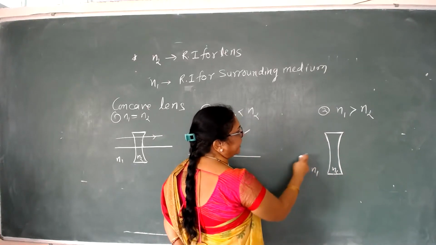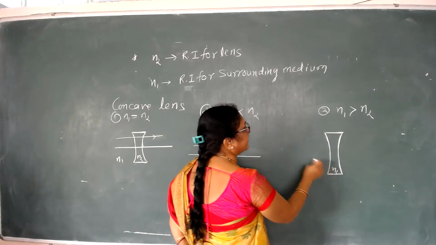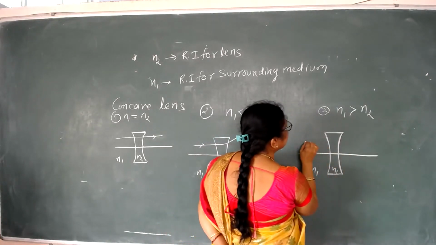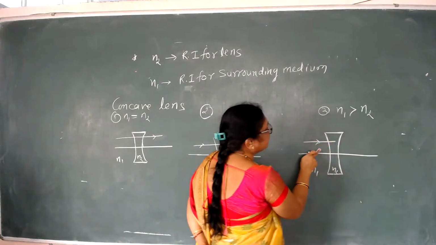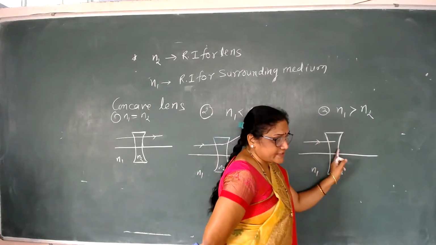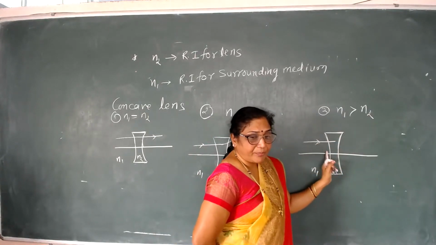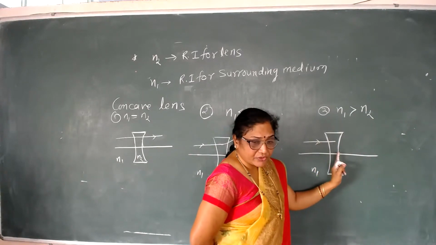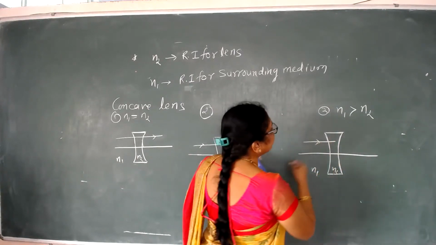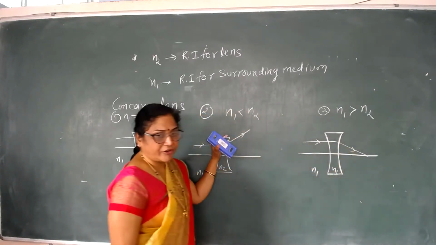But here the refractive index of the surrounding medium is greater than the refractive index of the glass. So at that time, when the ray of light enters from rarer to denser, it bends towards the normal. But here, the ray of light enters from denser to the rarer medium, means it bends towards the principal axis. So in this case, it works as a convergent.